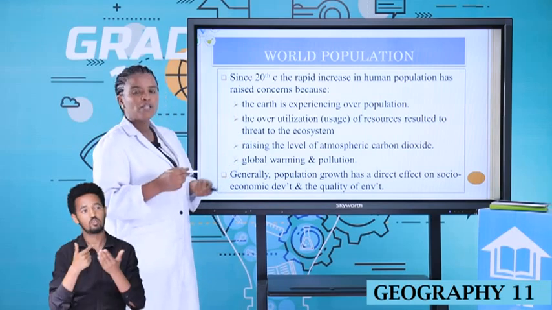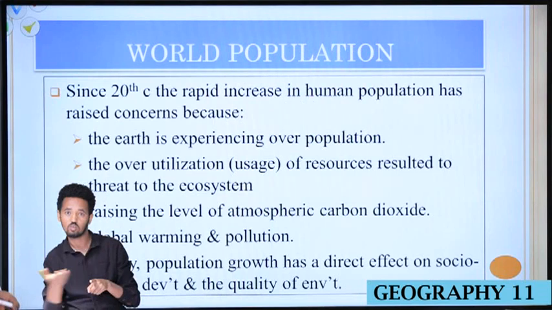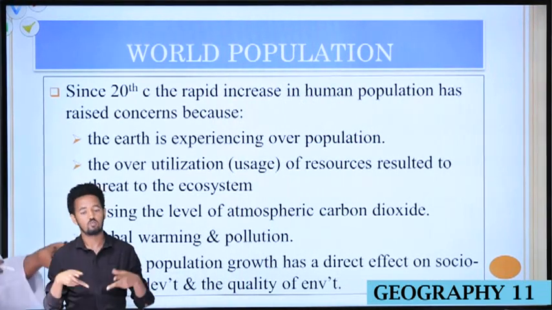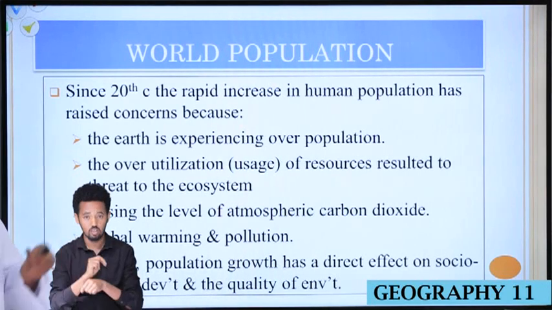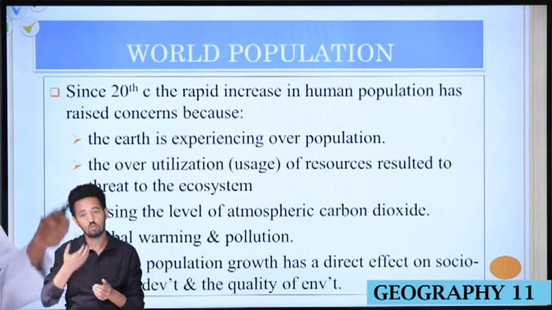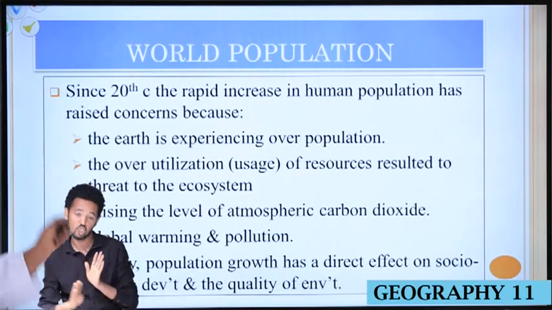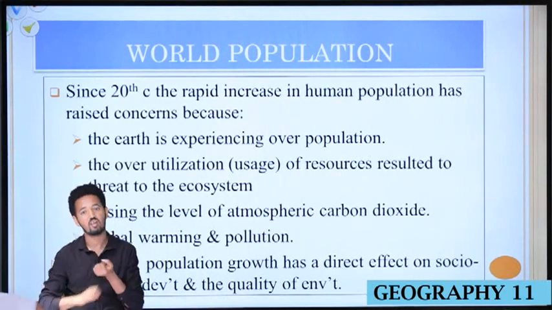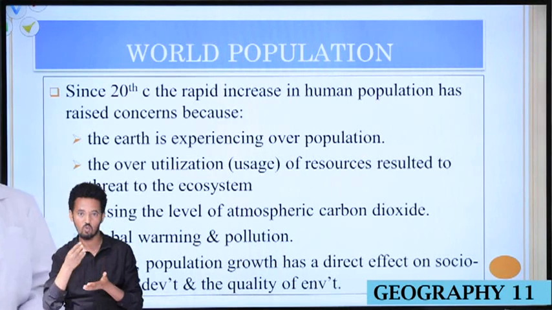People deforest forests, for example, to expand farmlands for settlement purposes and so on. If the amount of natural vegetation decreases, the rate of carbon dioxide in the atmosphere increases. So, population growth directly affects socio-economic development and the quality of the environment.